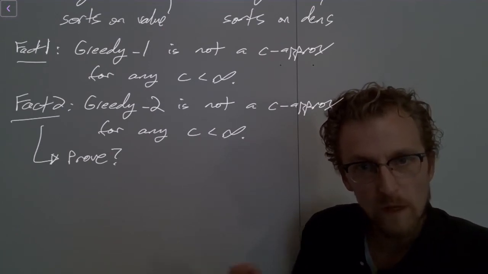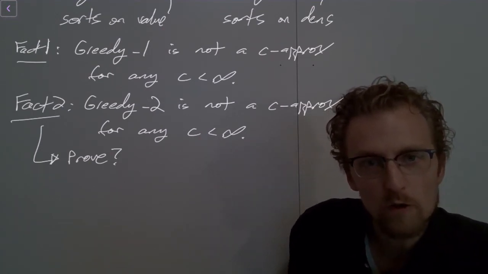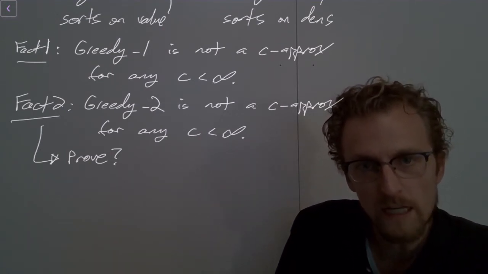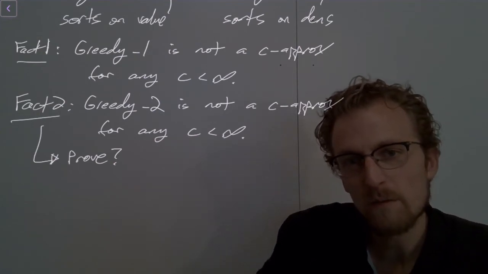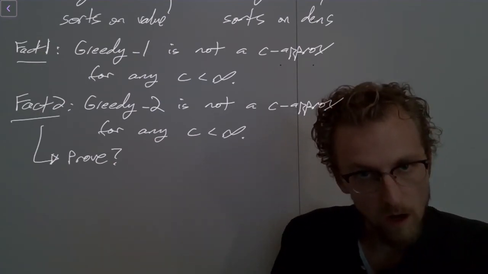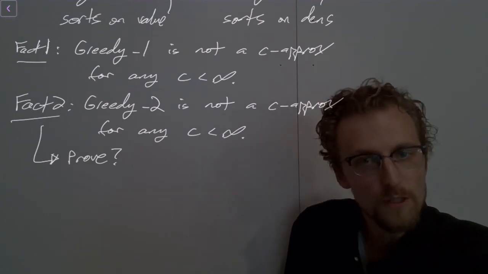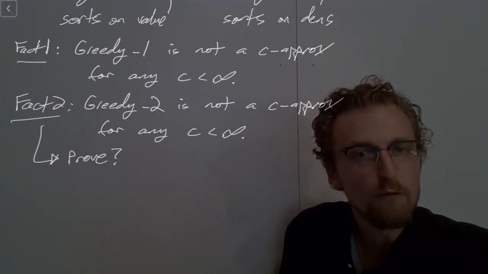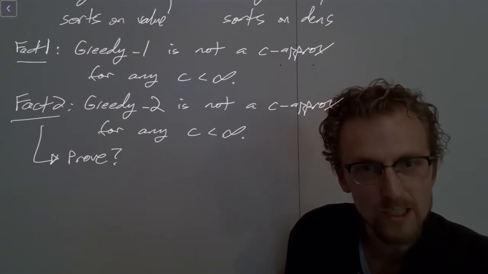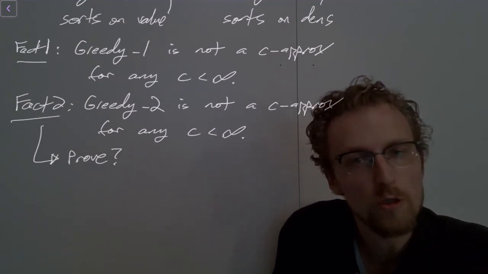So what I need to do is think about tricking that particular greedy algorithm into putting the items in the wrong order. Or alternatively, I have to think about tricking that greedy algorithm into filling up all the space within the knapsack before they get to the stuff that I actually want them to take, that they should be taking.